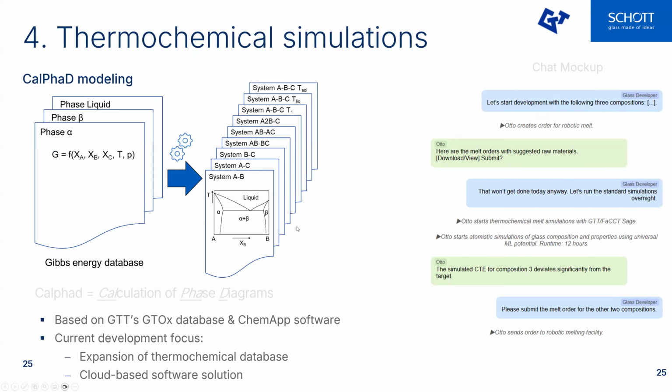And just for completeness, I mentioned CALPHAD modeling. We are doing this together with a company called GTT Technologies. And here the idea is we start making these types of calculations available from the chatbot.